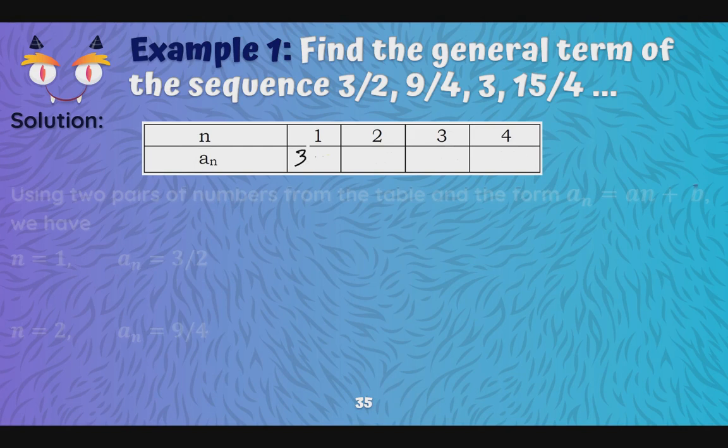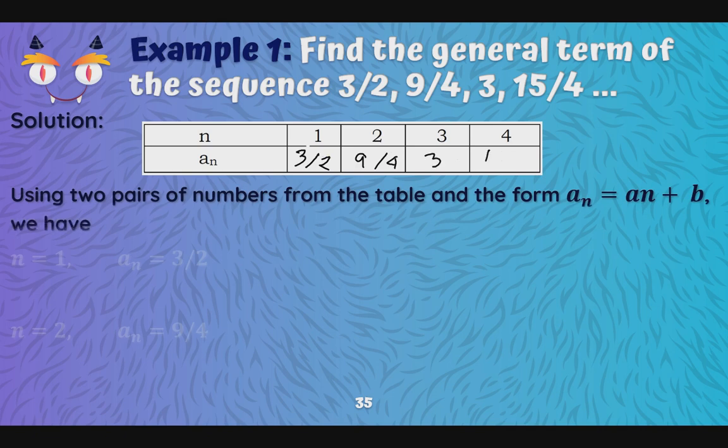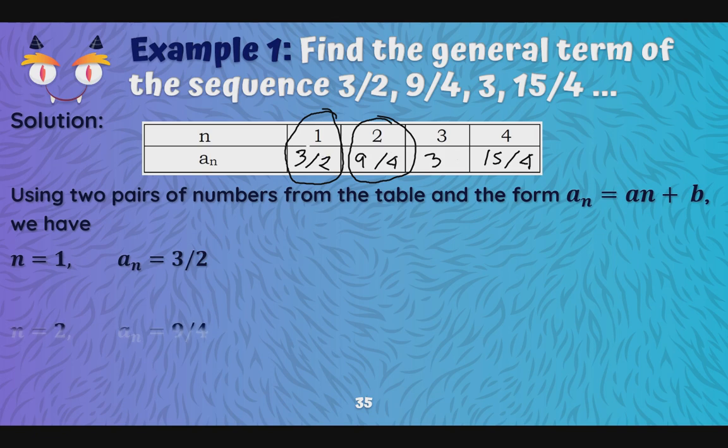Let us arrange our table again. And this time, we use two pairs in our table. From our table, let us use the first two pairs to find the value of a and b. So first, we have here n is equal to 1 and a sub n is equal to 3 halves.